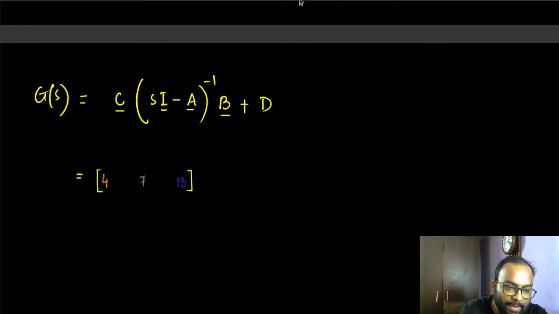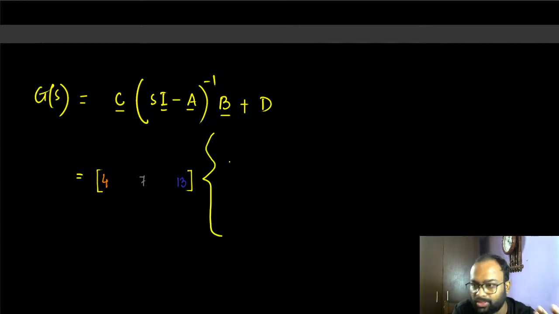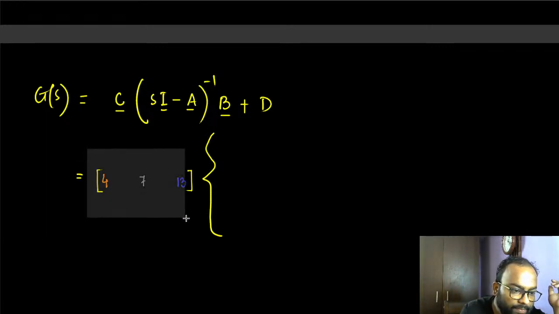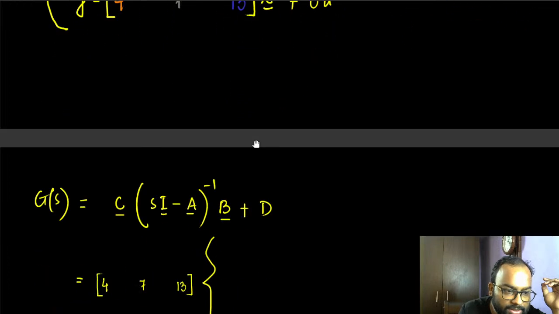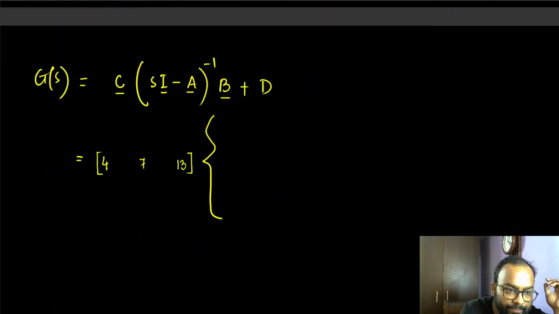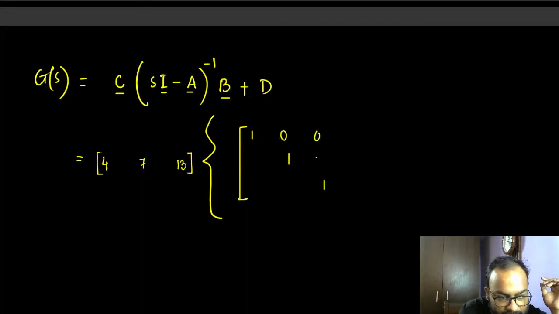Now we have (sI minus A) whole inverse. Now let's put the brackets here. Now what is I? I is the identity matrix of order 3 because it's a third order system. So it is simply 1, 1, 1 along the principal diagonal and everywhere else it is 0.